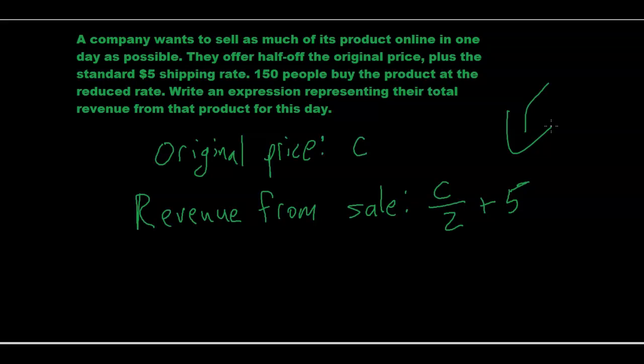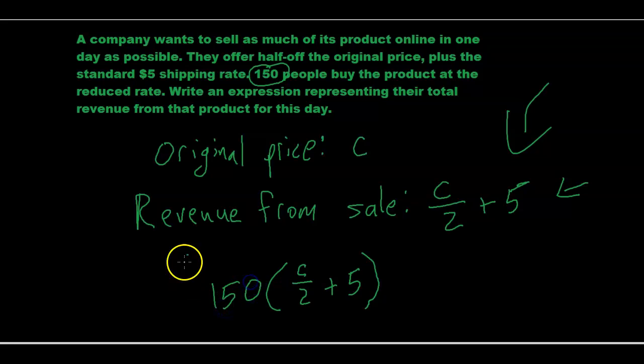Okay, how do we get an expression for their entire revenue from every one of those sales? Well, there's 150 sales, right? And each one of those sales is giving them a revenue equal to C divided by 2 plus 5. So we're just going to take the revenue from each sale, C divided by 2 plus 5, and multiply that expression by 150.